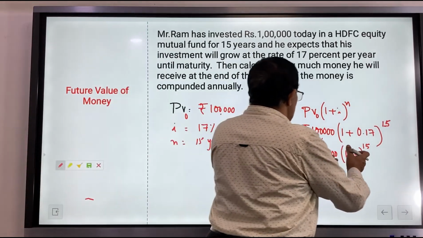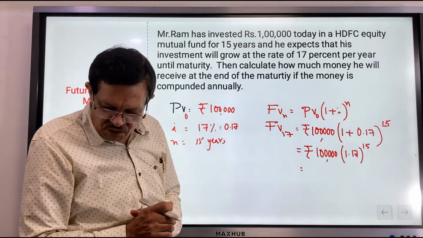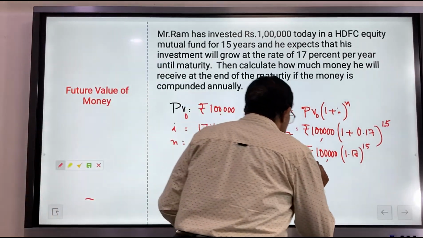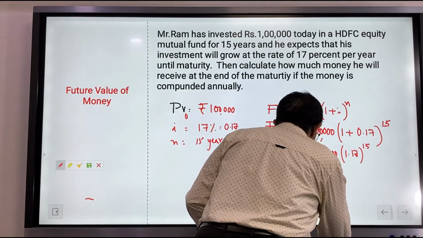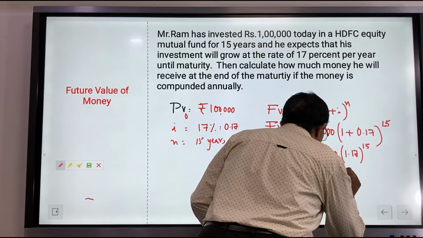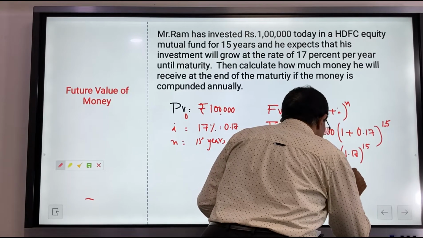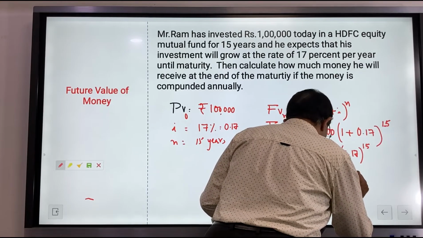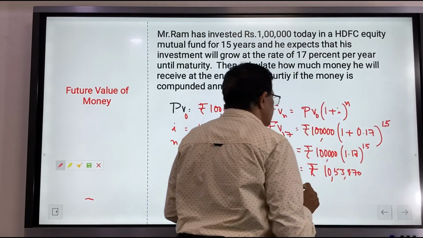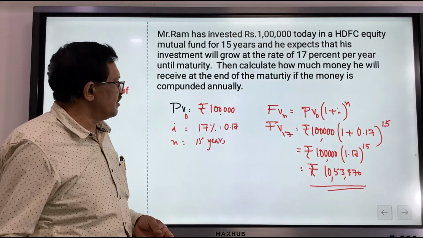So the total value will be equivalent to 10,53,870 rupees. That is 10 lakhs 53,000 870.